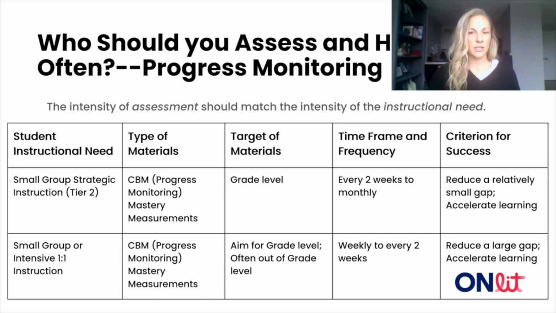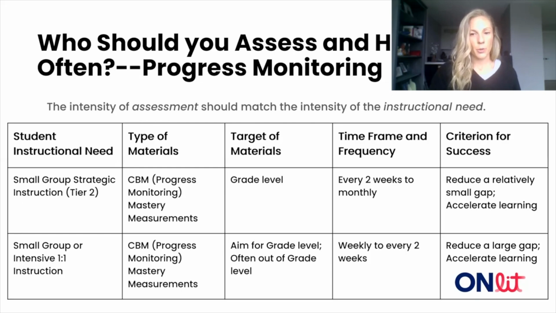For students receiving Tier 2 support, progress monitoring protocols at grade level should be used approximately every 2 weeks to ensure students are progressing along the trajectory necessary to reach grade level. For students receiving Tier 3 support, it may be necessary to use progress monitoring protocols that are out of grade level if the gap in achievement is significant.